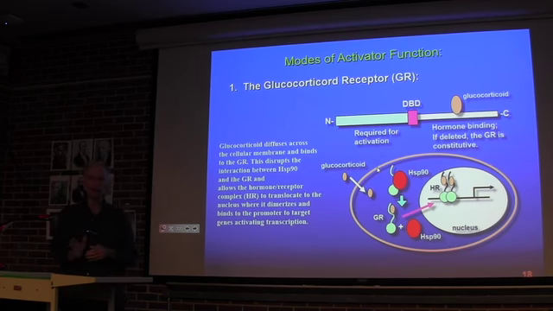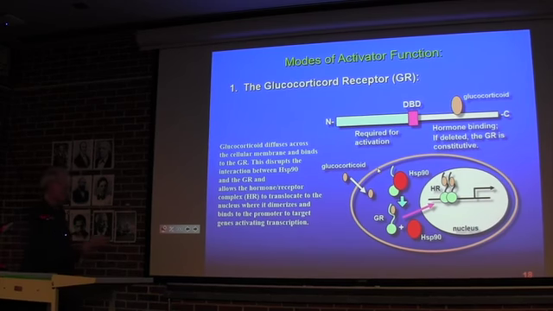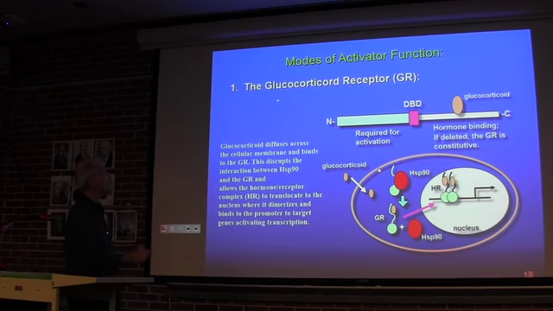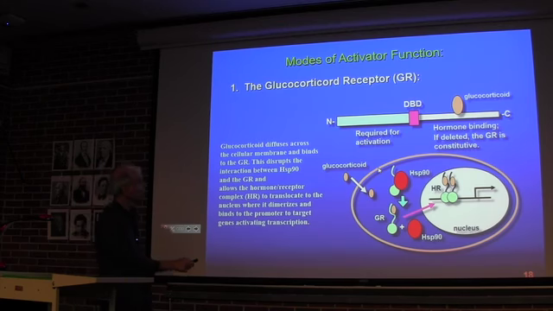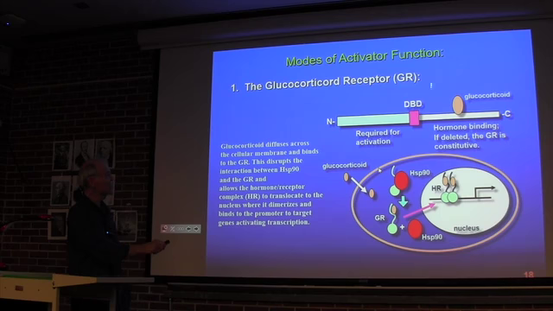The specific details vary, but usually vary by degree, not in terms of mechanism. So here's a diagram of the glucocorticoid receptor. It was the first to be well characterized. You have, in this case, the DNA binding domain sitting right in the center. And of course, you remember the one with 2 zinc modules, it's there.